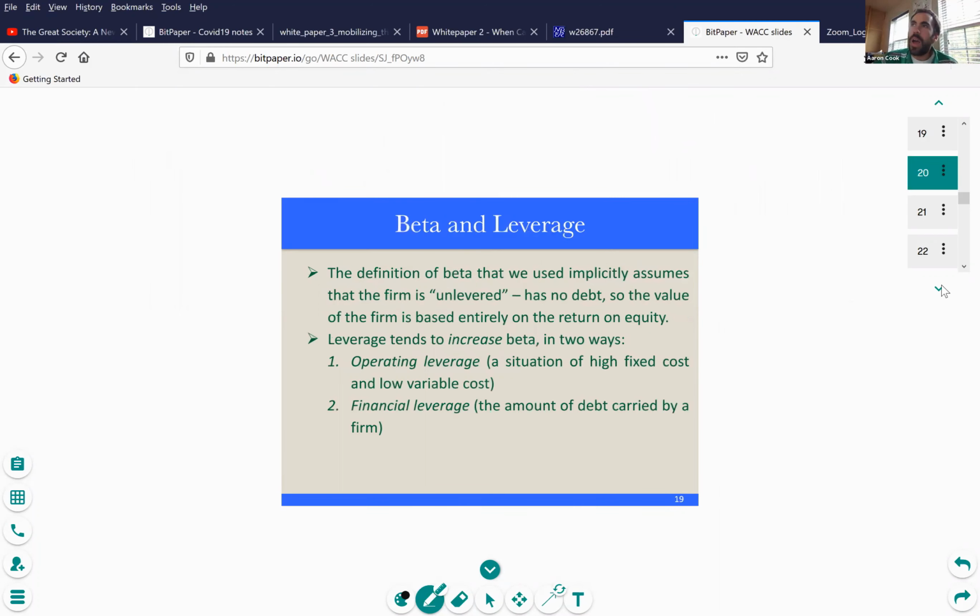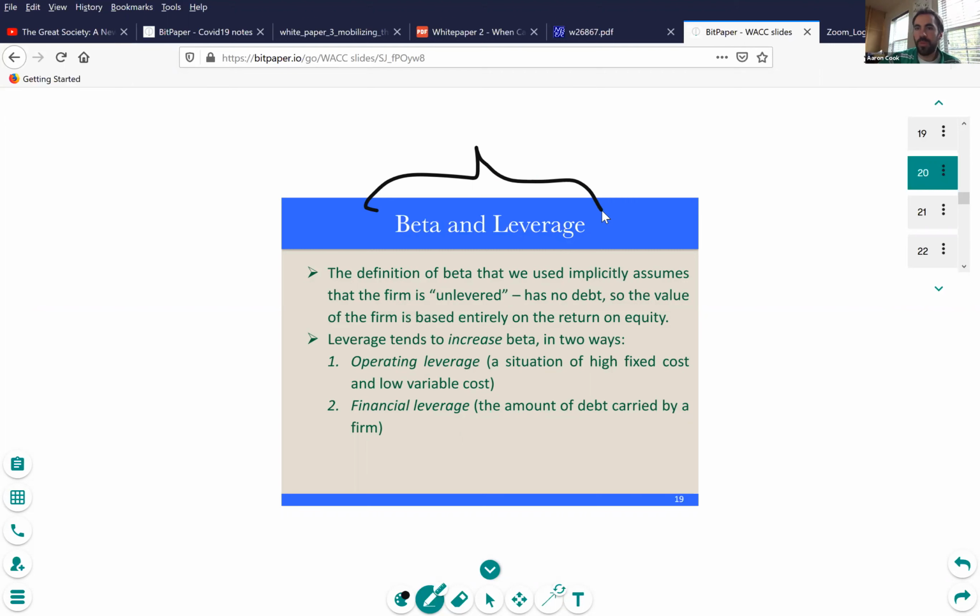Okay, so I want to make some comments on this relationship between beta and leverage. Beta represents the degree to which the returns on some company move together with the market, either in a scaled up fashion or a scaled down fashion.